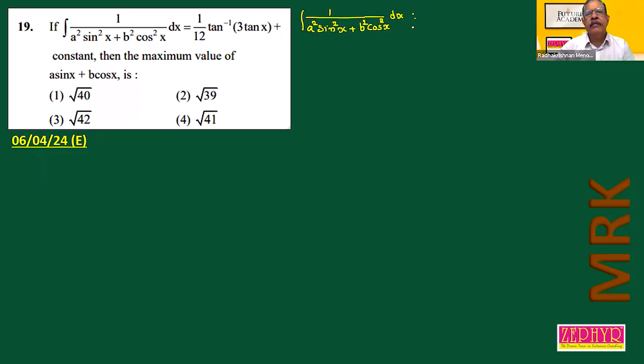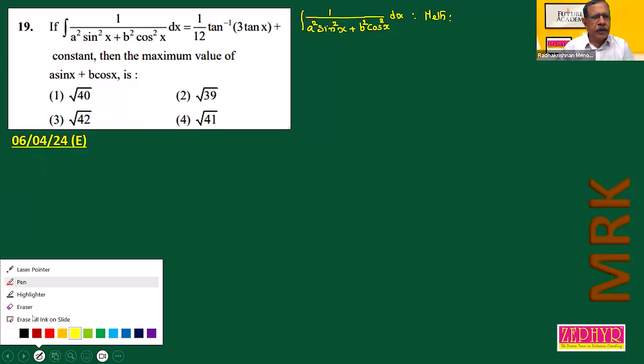Method: divide numerator and denominator by cos squared x.